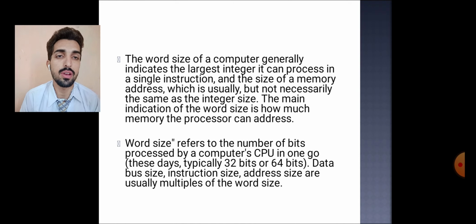Word size refers to the number of bytes processed by a computer CPU in one go. These days, typically 32 bits or 64 bits. The bus size, instruction size, and address size are usually multiples of the word size.